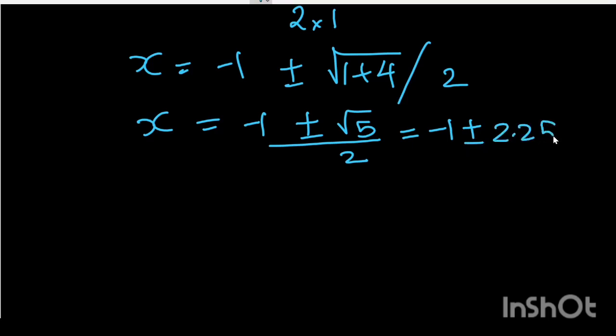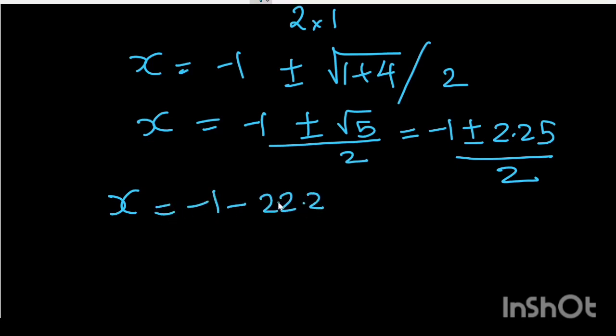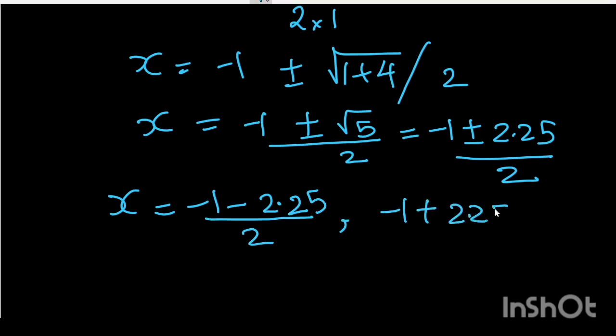Root 5 is approximately 2.25. So the two factors are x equals to minus 1 minus 2.25 by 2, taking minus sign, and then taking plus sign, minus 1 plus 2.25 by 2.